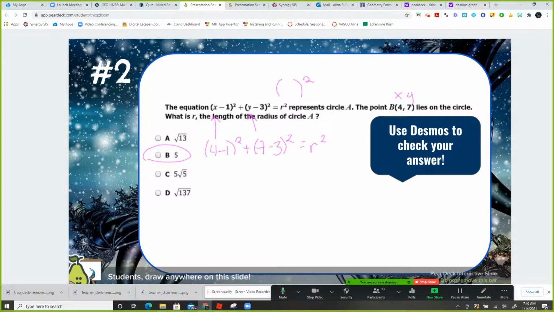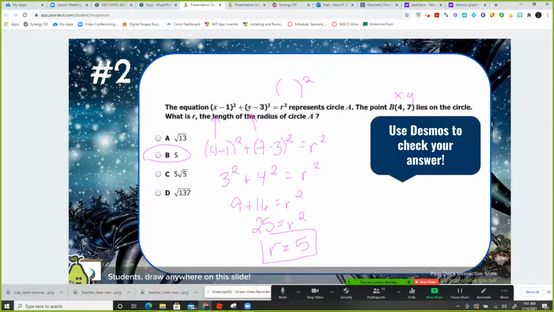I can use algebra and just solve the equation. So 4 minus 1 is 3, and 7 minus 3 is 4. So that's 9 plus 16 equals R squared, or 25 equals R squared. So R must equal 5.